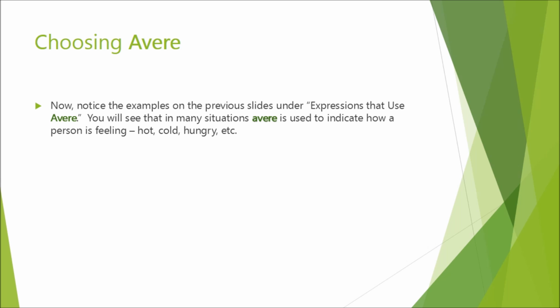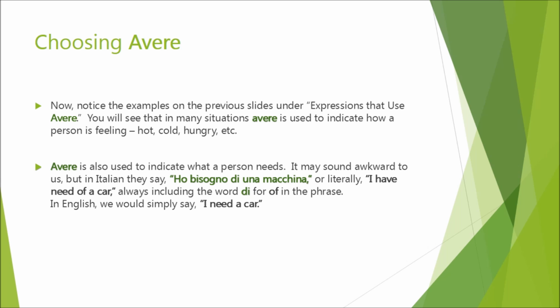Now, notice the examples on the previous slides under expressions that use avere. You will see that in many situations, avere is used to indicate how a person is feeling: hot, cold, hungry, etc. Avere is also used to indicate what a person needs.